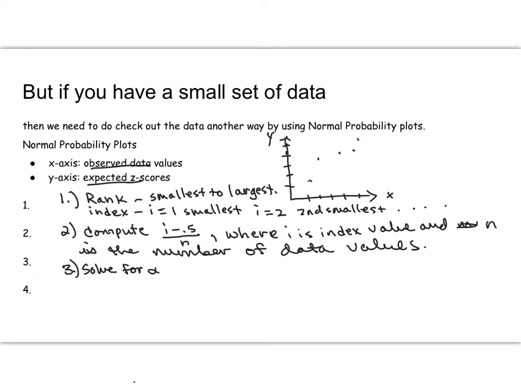We probably won't see index so much, but alpha you're going to see a lot of. So alpha is going to be 1 minus whatever you got in your last value, so 1 minus (I minus 0.5) over n. You only need to do that step once. You just subtract it from 1 after.